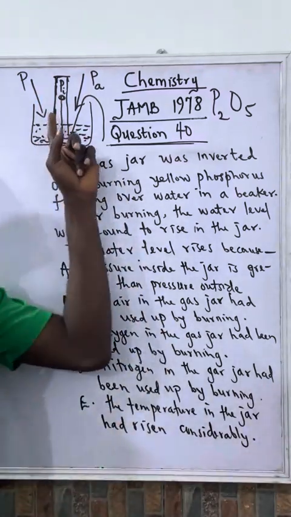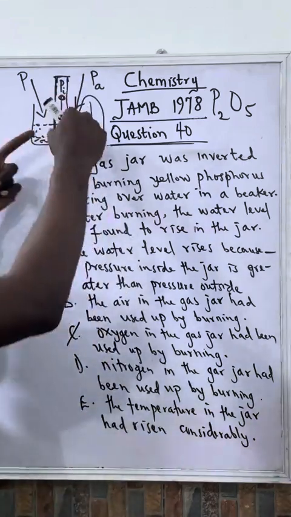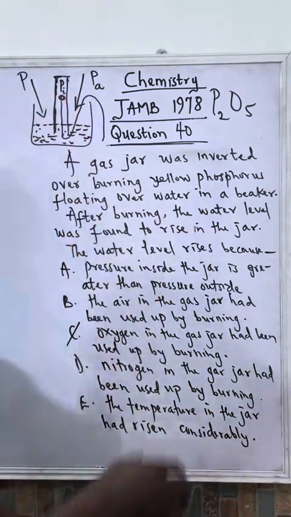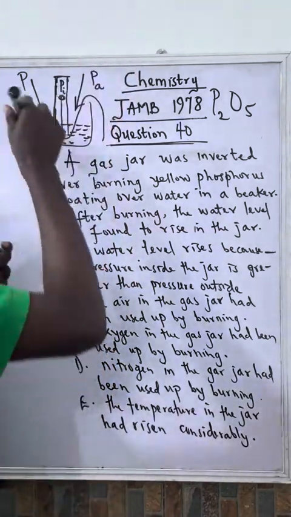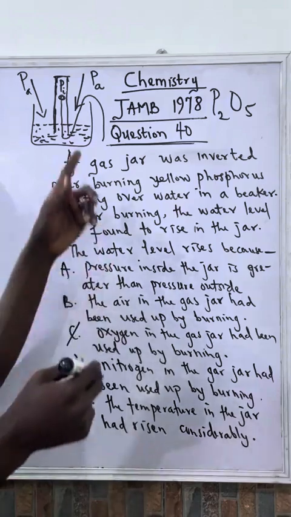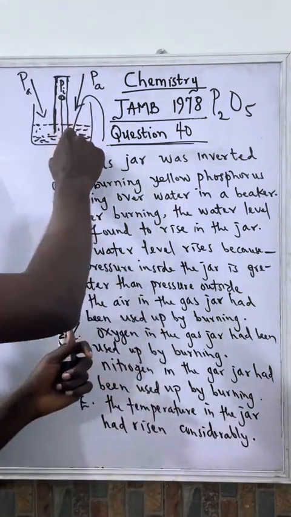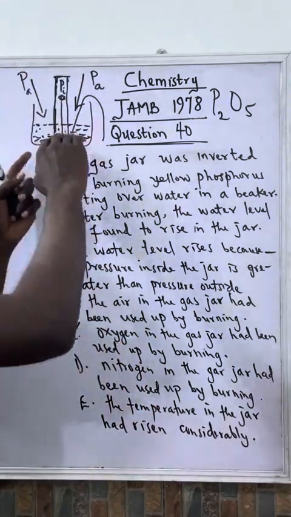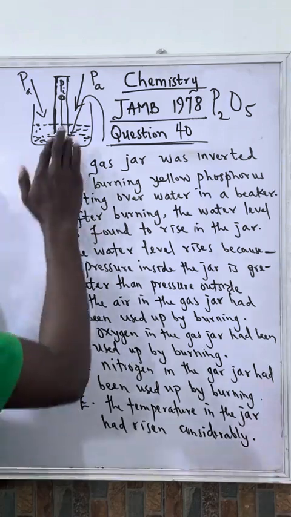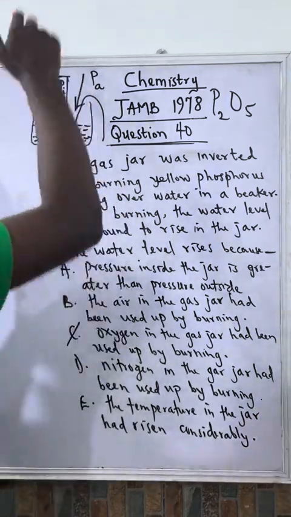Since this occurs, we need to balance the pressure. The atmospheric pressure, the external pressure coming from outside, will push down the water level in the beaker, thereby causing the water level inside the jar to rise.